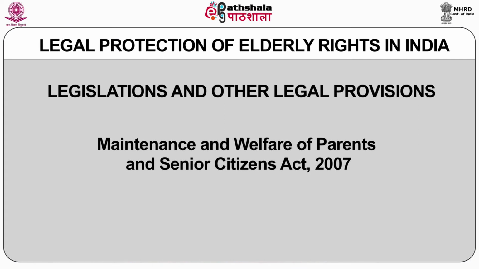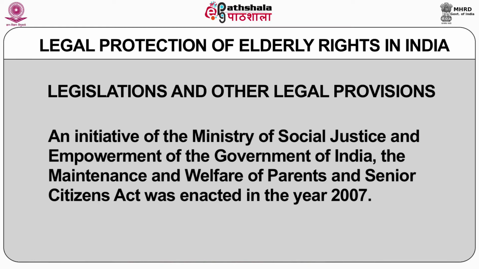Now we'll look at the Maintenance and Welfare of Parents and Senior Citizens Act 2007. An initiative of the Ministry of Social Justice and Empowerment of the Government of India, the Maintenance and Welfare of Parents and Senior Citizens Act was created in the year 2007.